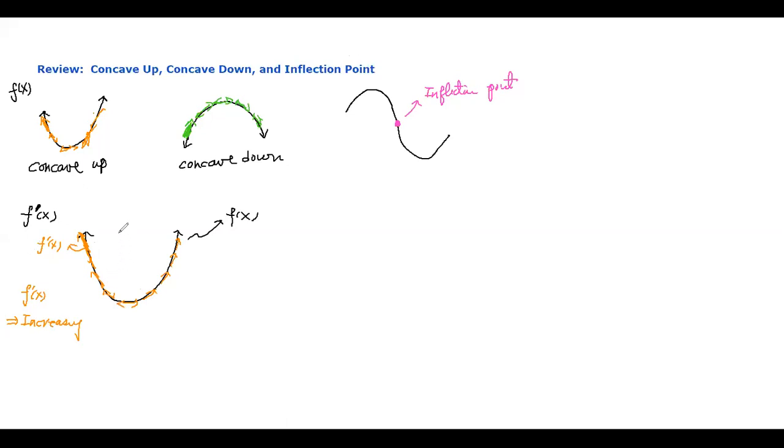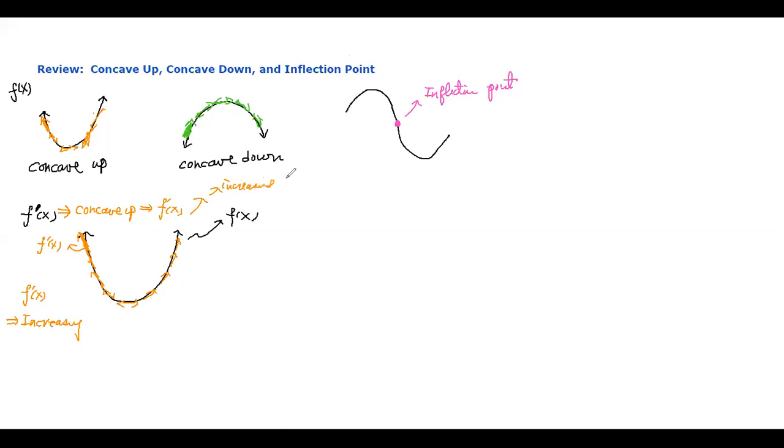That's why, by looking at the graph of f of x, I know it's concave up. So if you only use f prime x, then if this is concave up, then f prime x has to be increasing. I use this notation, I say it's increasing, right?